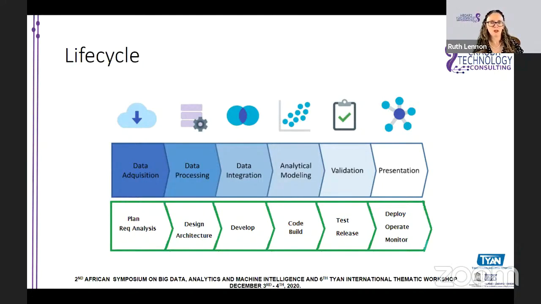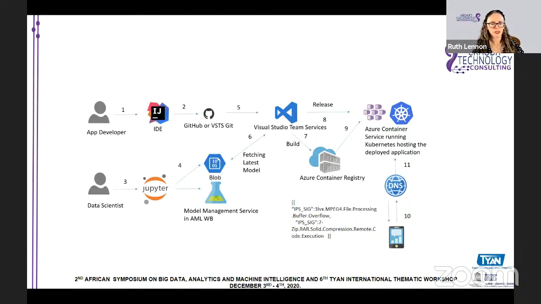So I wanted to give you another example, and although it's more complicated, I have dropped out a few steps just so that you can see it all on the slide and it doesn't look horrific. So bear with me on this one. In this example, we can see that we've got our data scientists, and our data scientists might connect with the IDE, GitHub, Visual Studio.